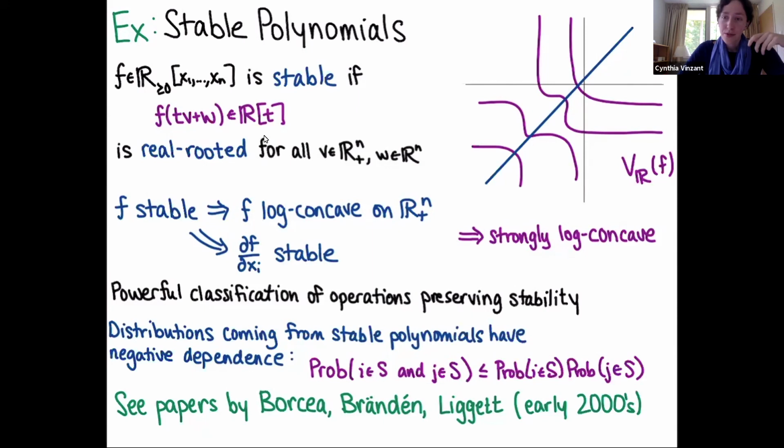Leonid Gurvits used this theory to give a reproof of the van der Waerden conjecture, bounding the permanent of a doubly stochastic matrix. So it's a very rich theory, and one has a lot of tools to work with.